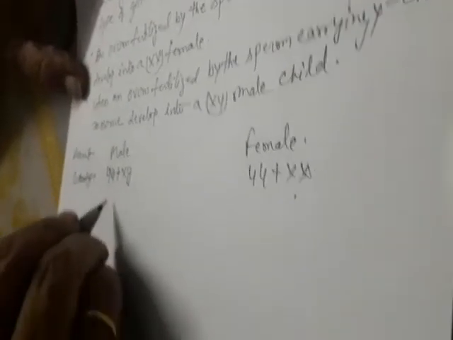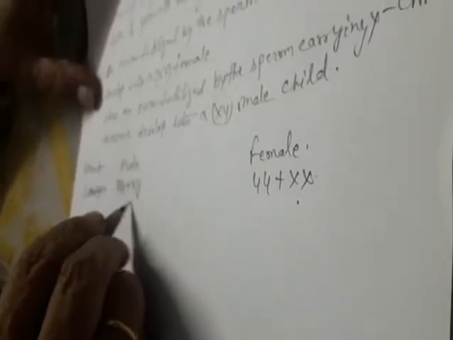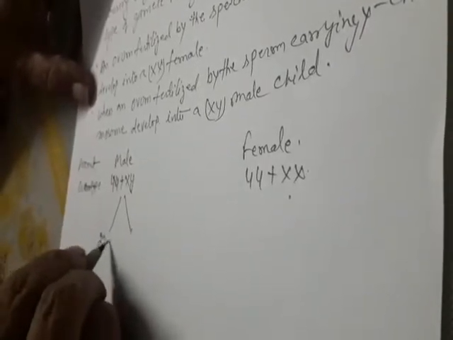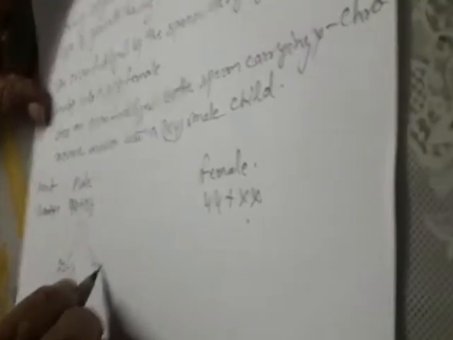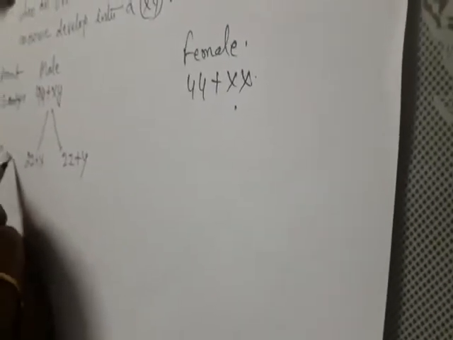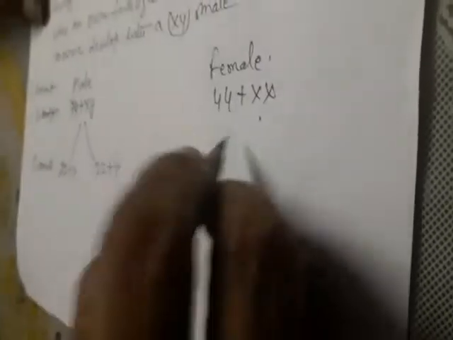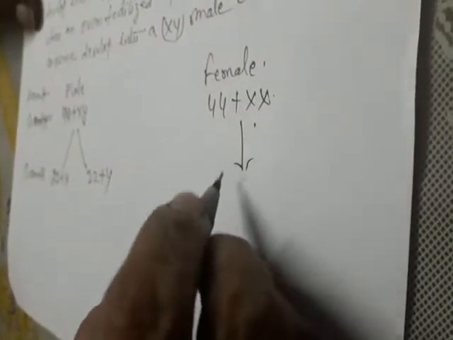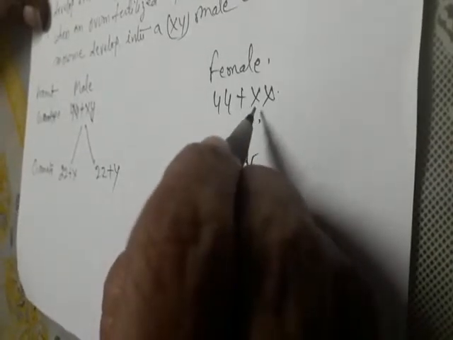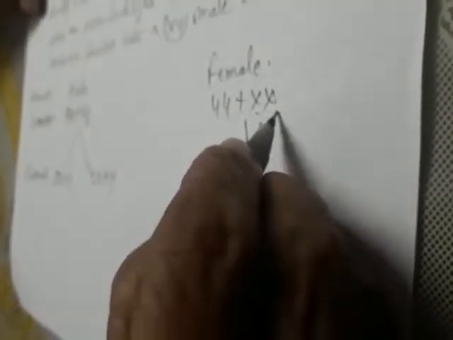Their gametes: male forms two gametes, 22 plus X and 22 plus Y, and female forms a single gamete, 22 plus X, because female is homogametic.